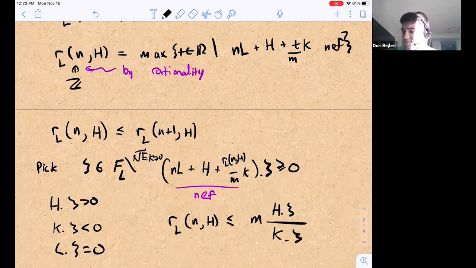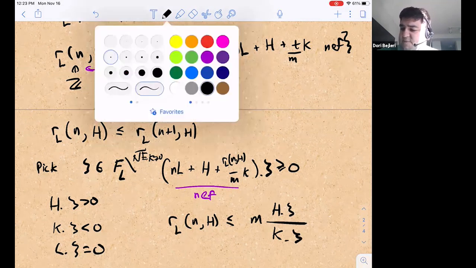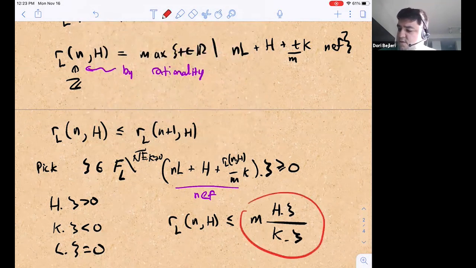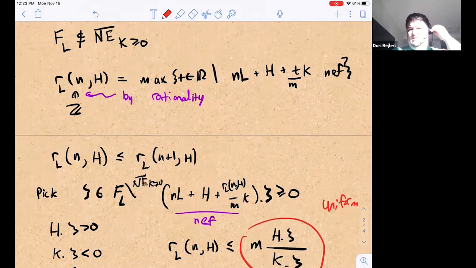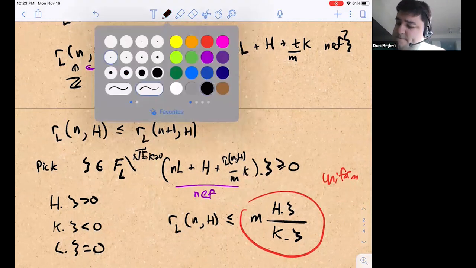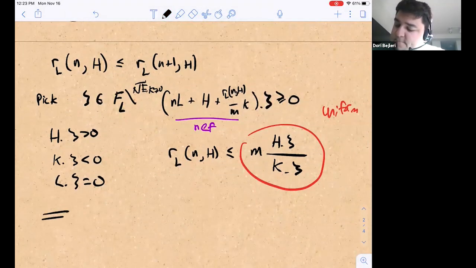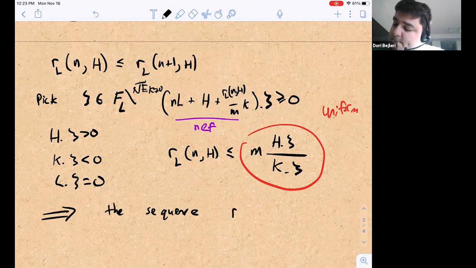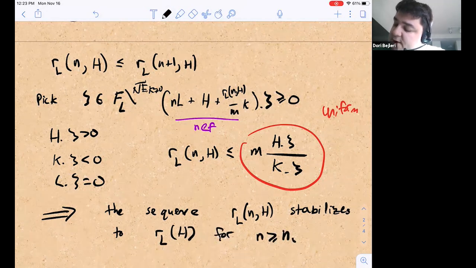And the point is that this is uniform. It's independent of n, it's independent of L, and so we have these integers that have this independent upper bound, and they're increasing, so eventually they're going to stabilize to some number, we'll just call R_L(H), for n greater than or equal to n naught.